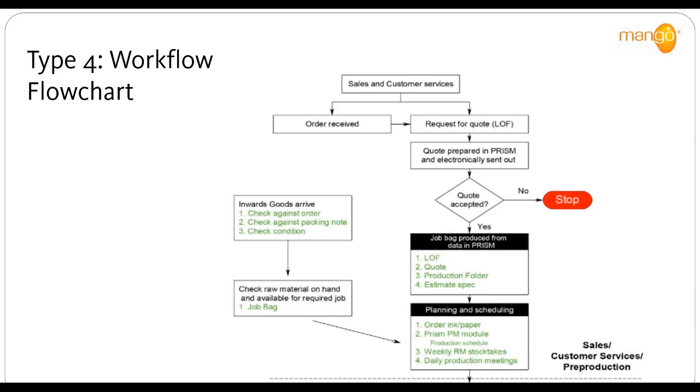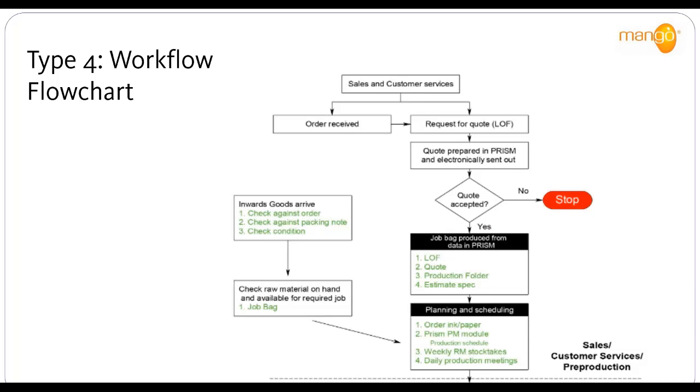And Prism, if you understand what Prism is, their ERP system. An order is received from a customer, then a LOF or a request for quote, LOF form is presented, then it's sent out electronically to the customer who accepts it online and approves the quote online.